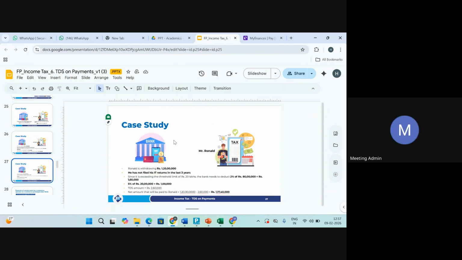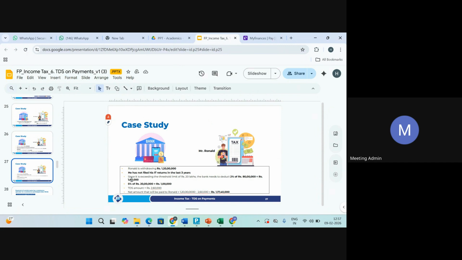So next is the case if he did not file. Okay, if he did not file for 3 years, what will the situation be? You can see Ronaldo withdraws 1 crore 20 lakhs. He has not filed IT returns for the past 3 years.